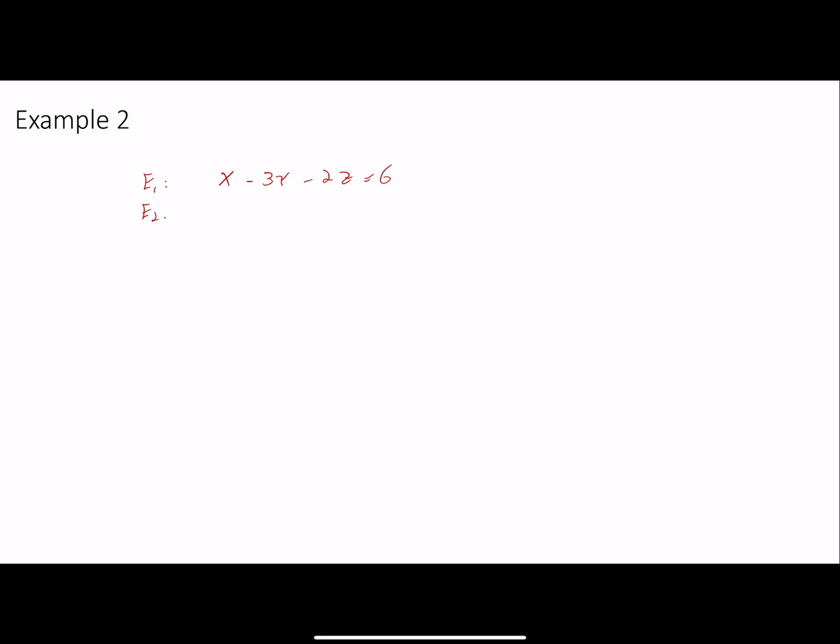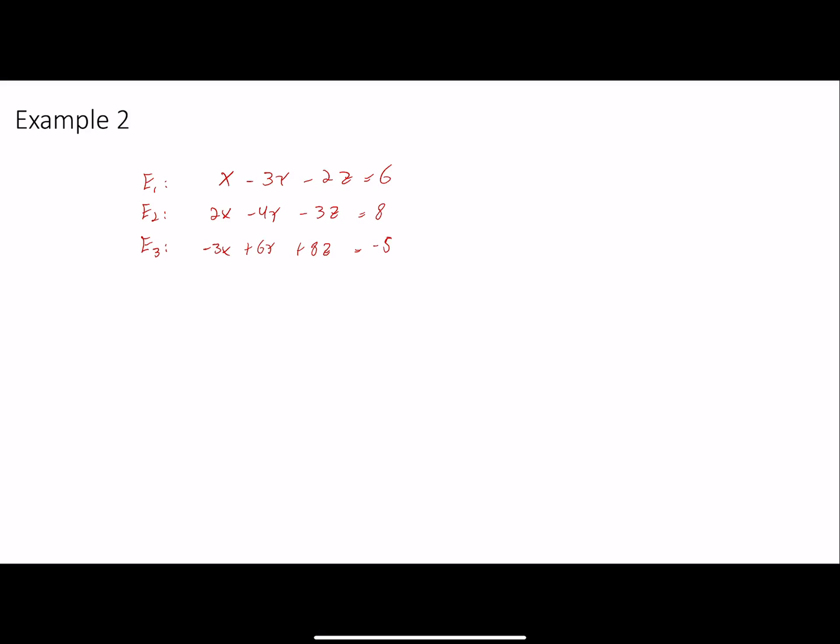Equation 2 will be equal to 2x minus 4y minus 3z equals 8, and equation 3 will be equal to minus 3x plus 6y plus 8z equal to minus 5. So let's take a look at how to solve the linear system, right? So let's apply the forward elimination procedure here in this case.